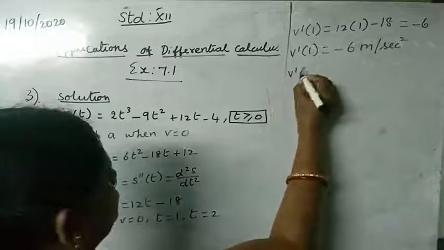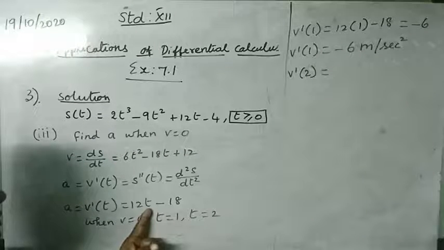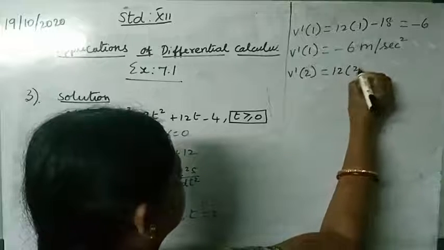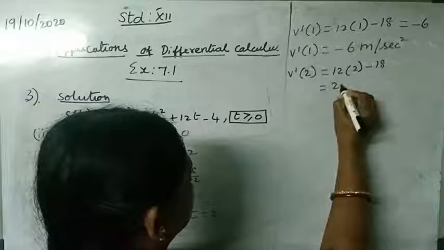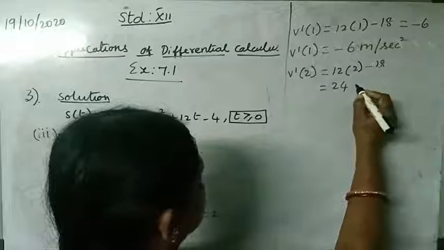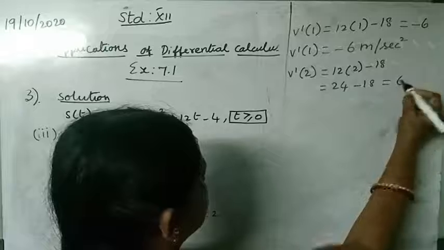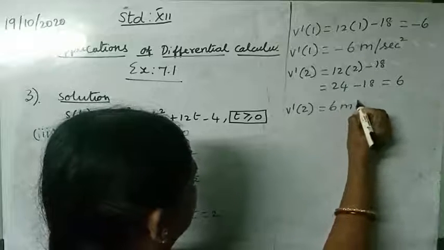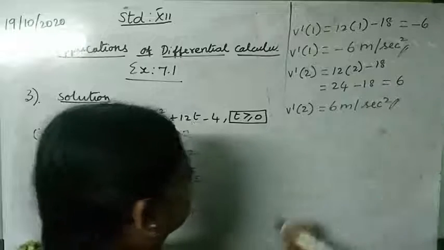Then v dash of 2. Now take this function and instead of t substitute 2. So 12 into 2 minus 18. So 12 2s are 24 minus 18, which is 6. So v dash of 2 is equal to 6 meter per second square is the answer.